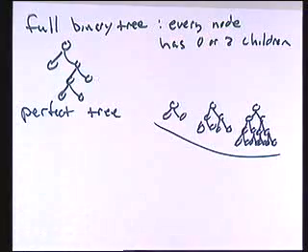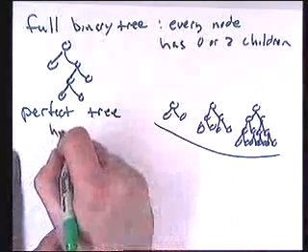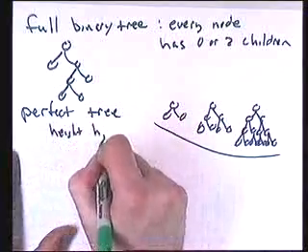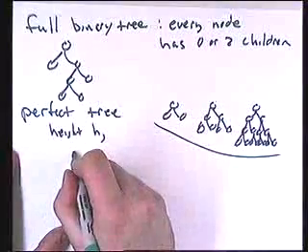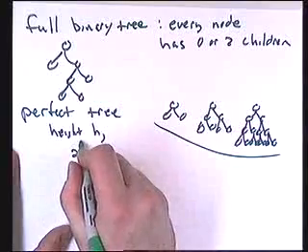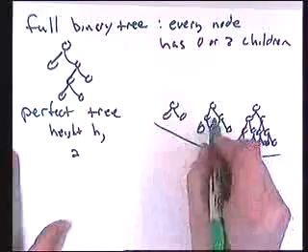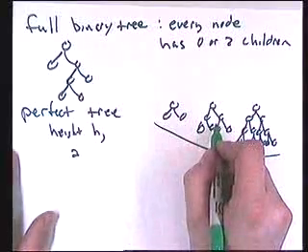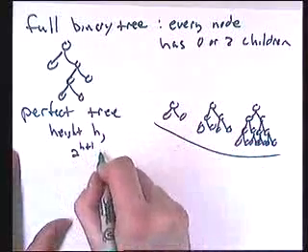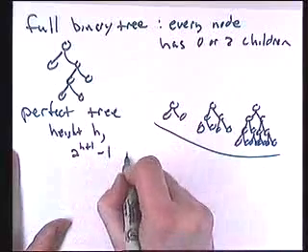But anyway, we simply have here the idea of, for a given height h, we have 2 to the h plus 1, minus 1 nodes. For example, here height is 1, so we have 3 nodes. Here height is 2, we have 7 nodes. So that's the pattern.